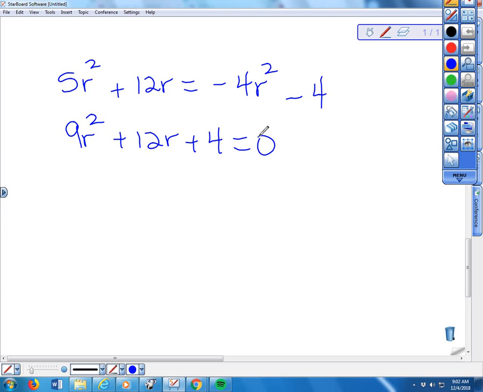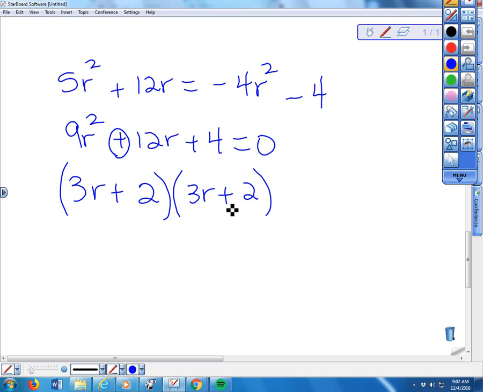The first pattern method we talked about is if both ends are perfect squares, you take the square root of both, you write it twice, and the middle sign is the sign in the middle here. Then you can check it by taking this times 2 to see if you get 12. And you do.